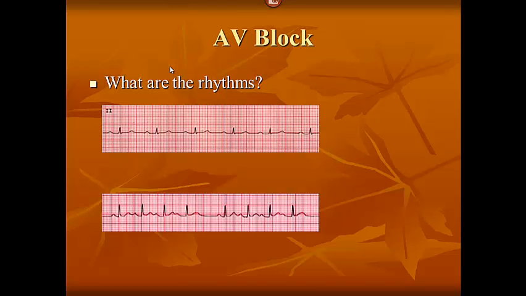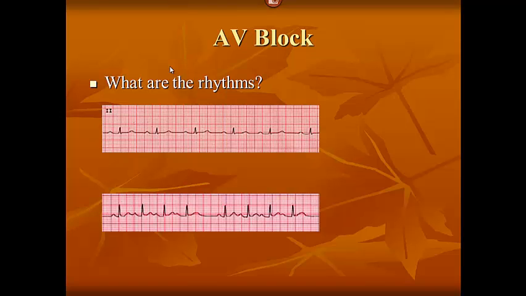Recall that the P wave indicates atrial depolarization. So the atrial depolarization eventually spreads to the AV node, where there is a slight delay before the electrical impulse is conducted to the ventricle. If the AV node conduction is decreased, it will take longer for the impulse to reach the ventricle.